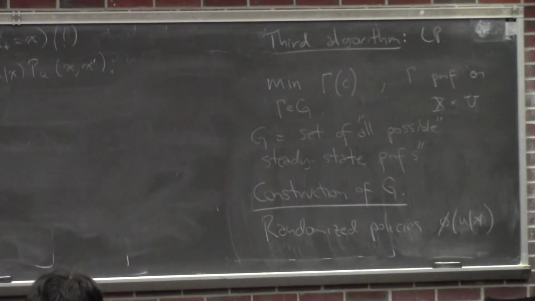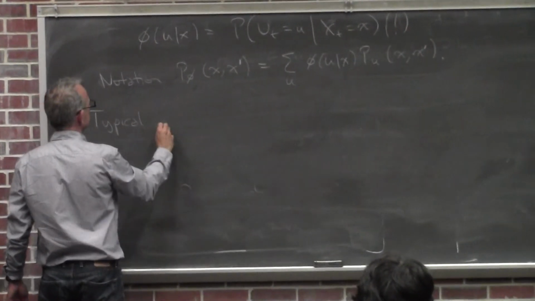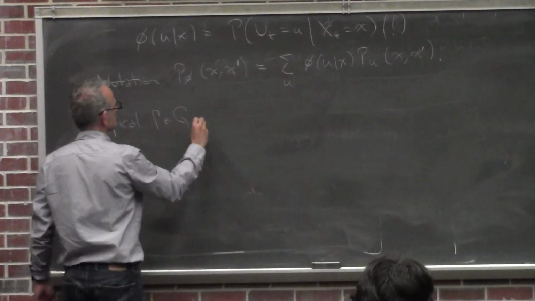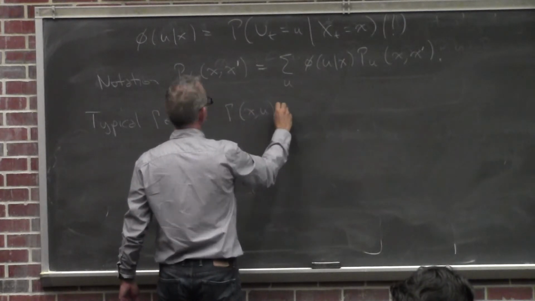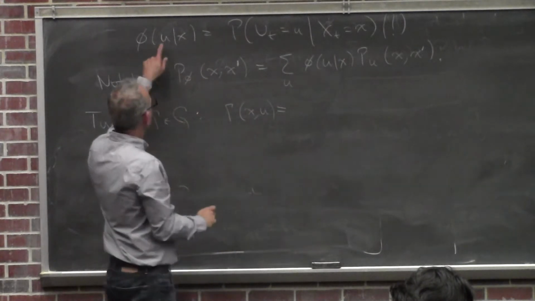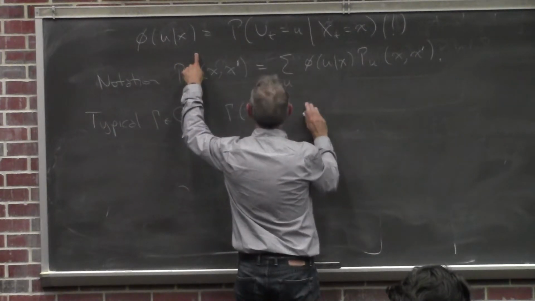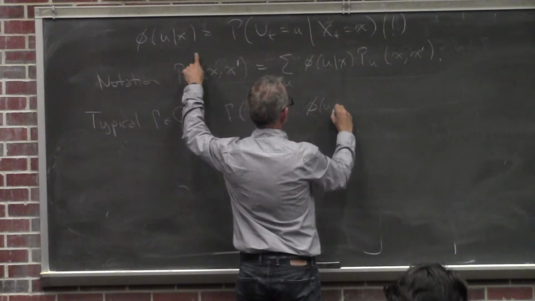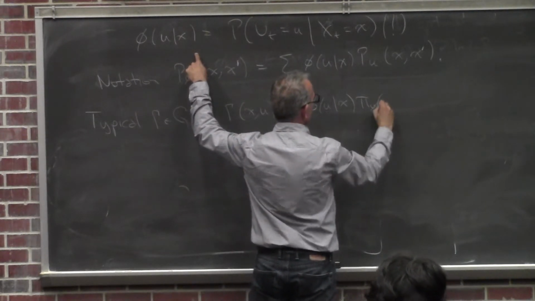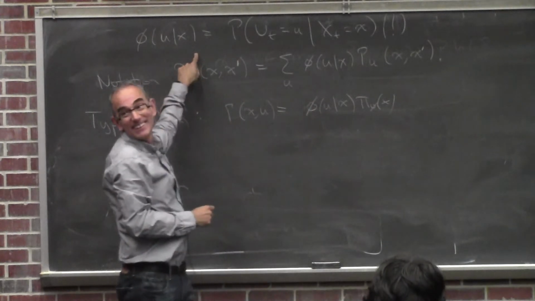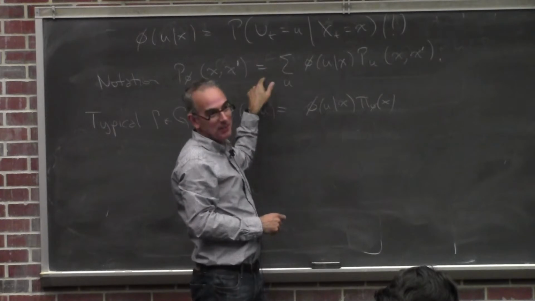A typical element of G, or gamma: gamma of xu is the probability of u given x times pi sub phi of x. There's your Bayes rule, where pi phi is invariant for p phi.